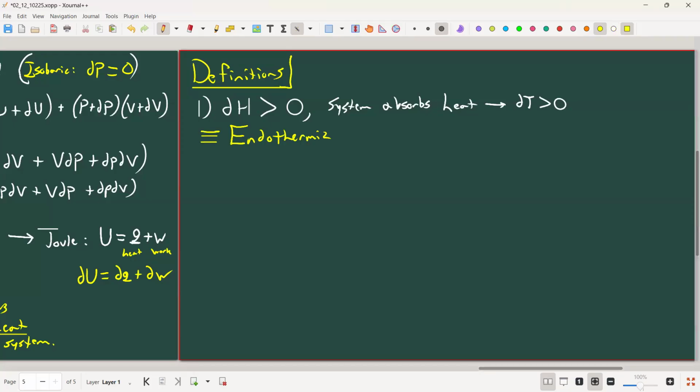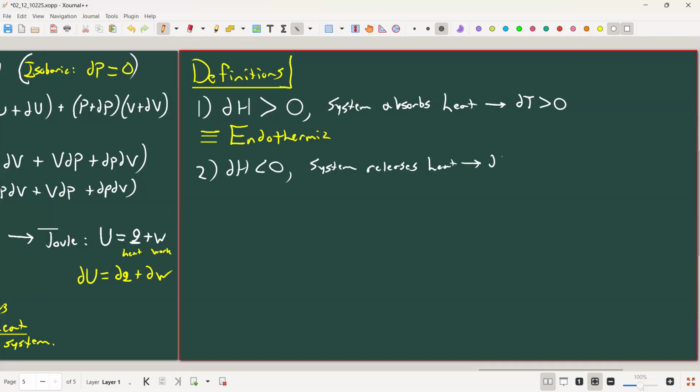So a process that brings heat in is endothermic. Endo means inwards, thermic means heat. These are probably Gen Chem terms, but it's nice to define them in our context. If it's the other way, that means the system releases heat, which means that dT is less than 0. And we call this exothermic.